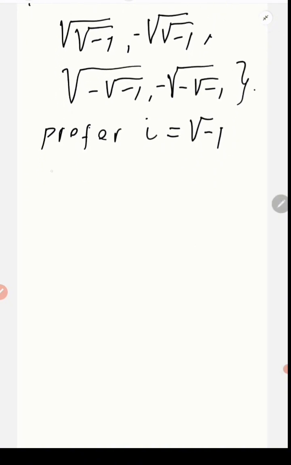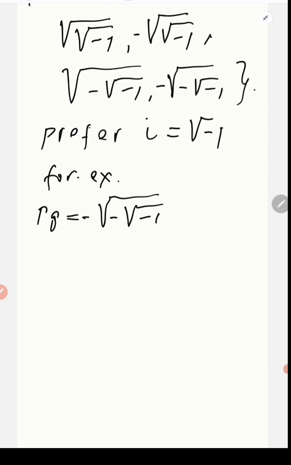Then, for example, P8 is minus square root of minus square root of minus 1, which is minus square root of minus i.